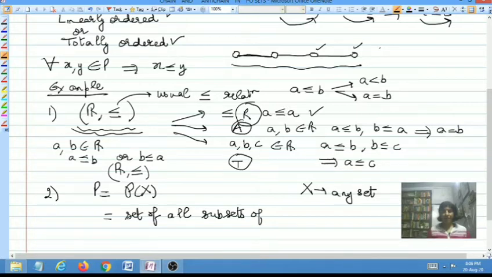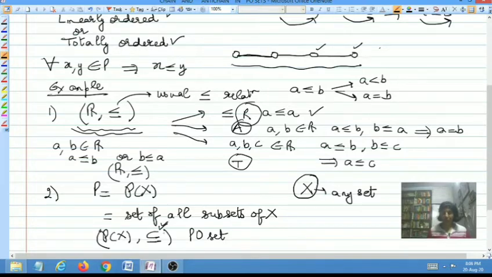To make my example precise, I will take a precise structure of X, but we have already discussed this in my previous lectures. You can see the recordings. In that we have already discussed that the power set of X with respect to the inclusion relation is a PO set. What does this inclusion relation mean?